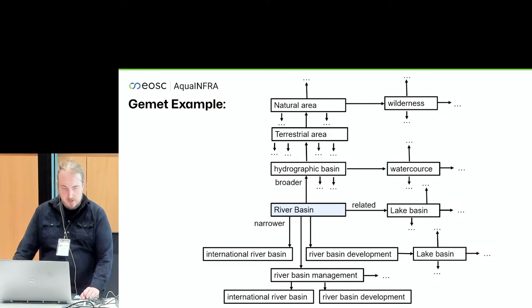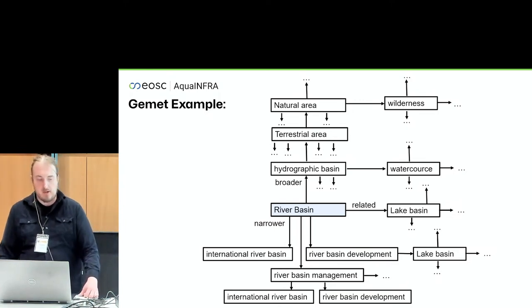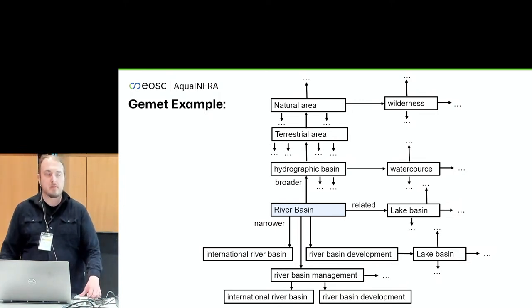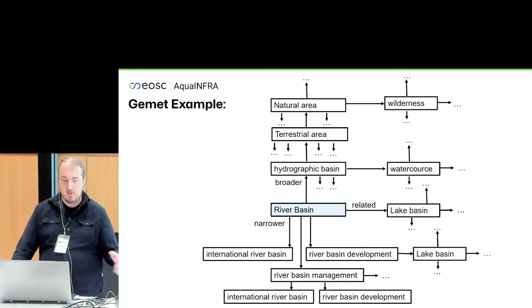It has narrower concepts: international river basin, river basin management, and river basin development. River basin management again has narrower concepts. Here we can see that these labels or concepts don't have one strict place in the GEMET hierarchy, but can be represented in many different places.